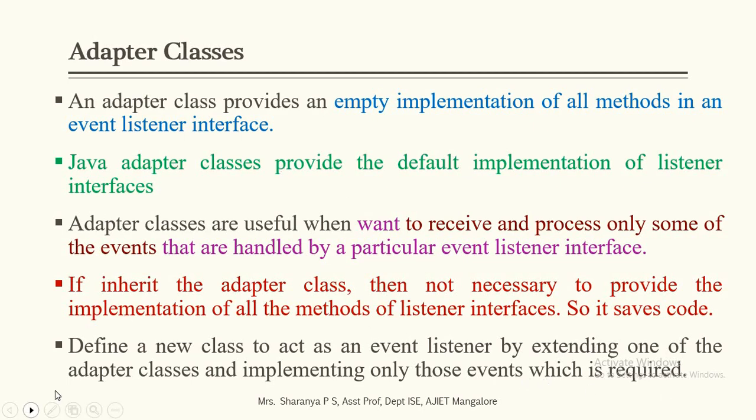In simple terms, these adapter classes give a simple way to manage events. That is, whenever some events are generated from the source, then the corresponding listener needs to handle that event, and under that listener a set of methods will be defined.